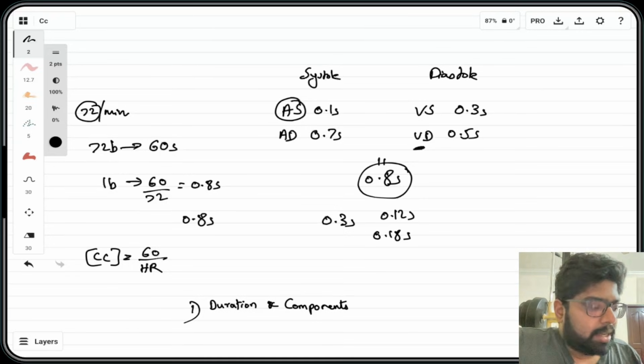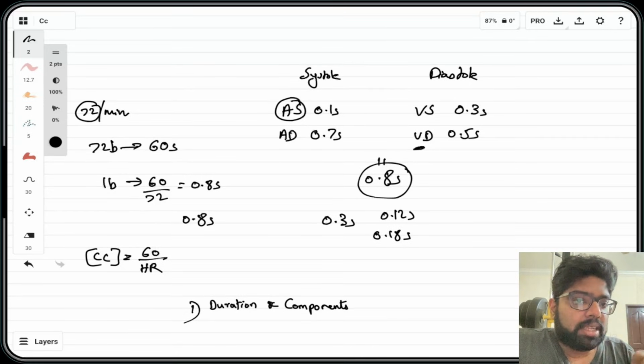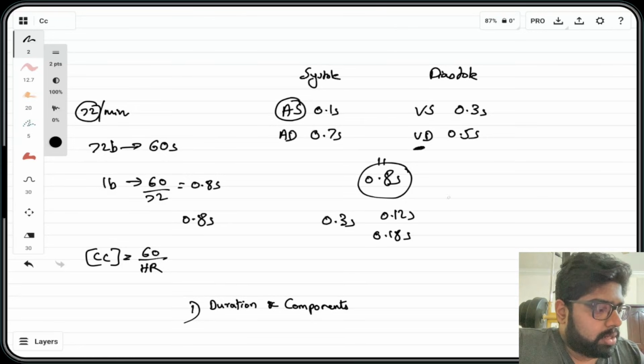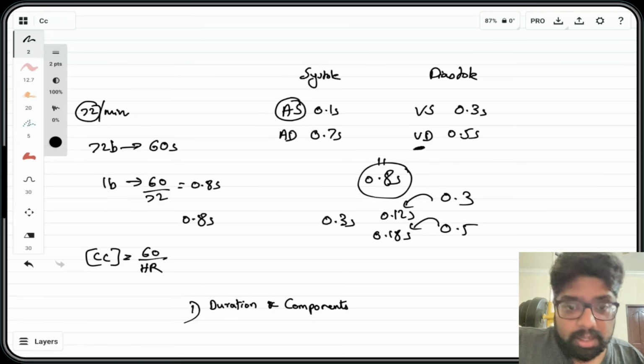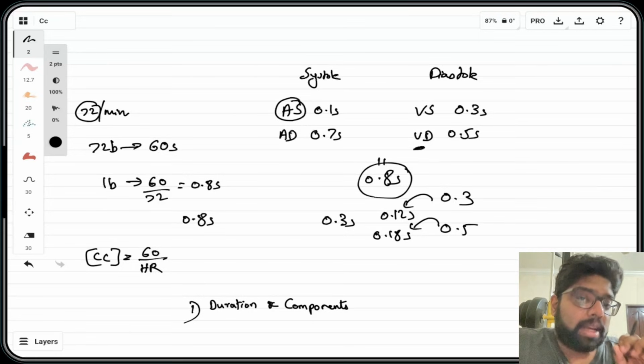But here you can see that whenever the heart rate increases, the reduction in the cardiac cycle comes more at the cost of ventricular diastole, because ventricular systole has reduced from 0.3 to 0.12, whereas diastole has decreased from 0.5 to 0.18, which is a much higher decrease. So it is the ventricular relaxation and filling of blood that suffers when the heart rate increases.